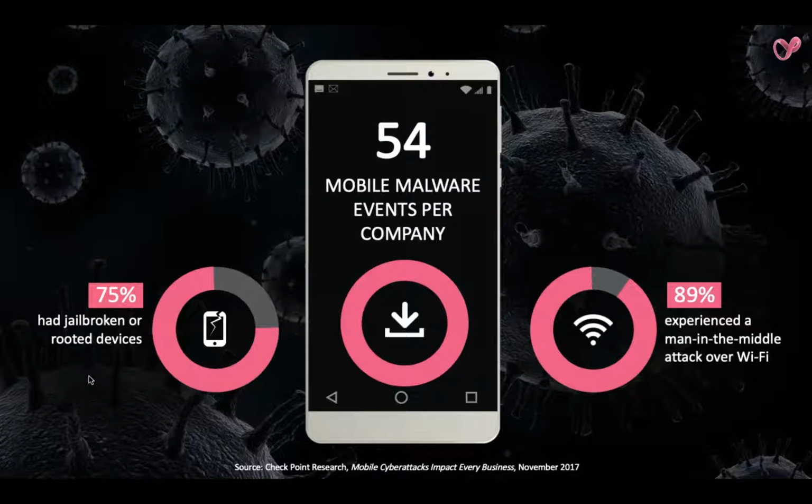And nearly 89% of the phones experienced man-in-the-middle attacks over Wi-Fi, because there are various tactics used by attackers to perform man-in-the-middle attacks, such as rogue access point creation, rogue SSID creation, or using cookies or replay attacks. These are some of the common techniques used to launch man-in-the-middle attacks.